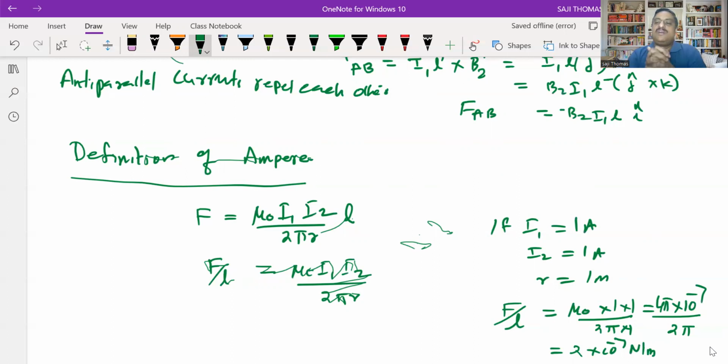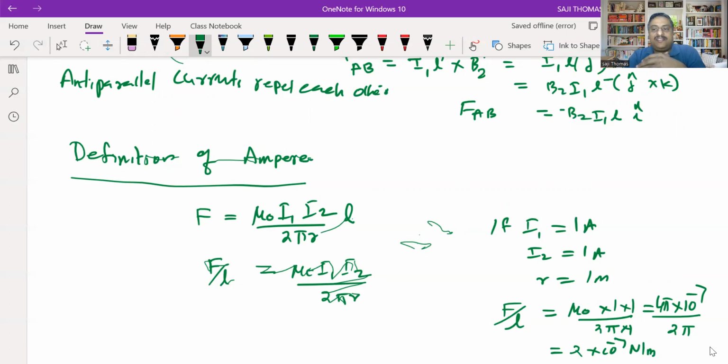So what is the definition of ampere? 1 ampere is that current which when flowing through two parallel conductors of infinite length separated by a distance of 1 meter and placed in vacuum produces a force of 2 into 10 raised to minus 7 Newton per meter. This is the definition of ampere.